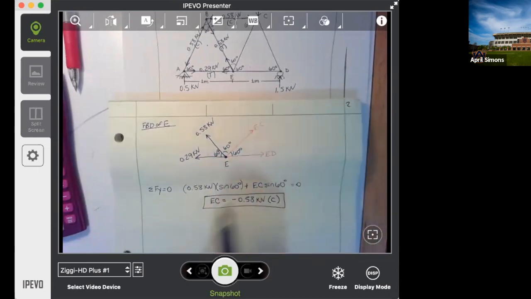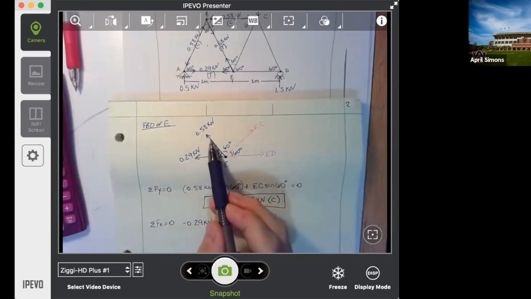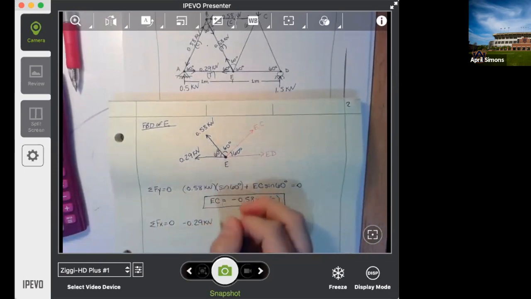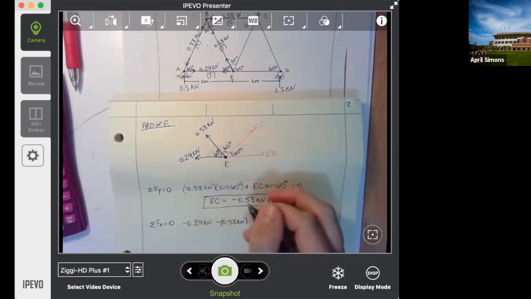Now we'll sum forces in the X and set that equal to 0. We've got negative 0.29 kilonewtons, minus the X component here, which is 0.58 kilonewtons times cosine 60.